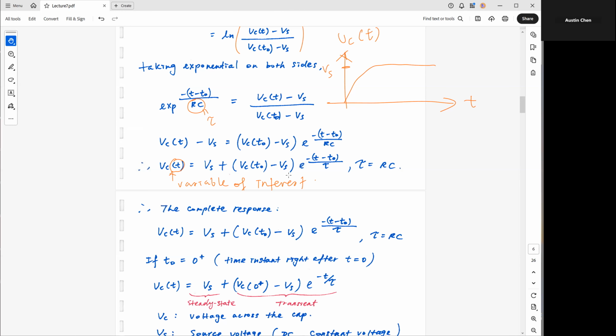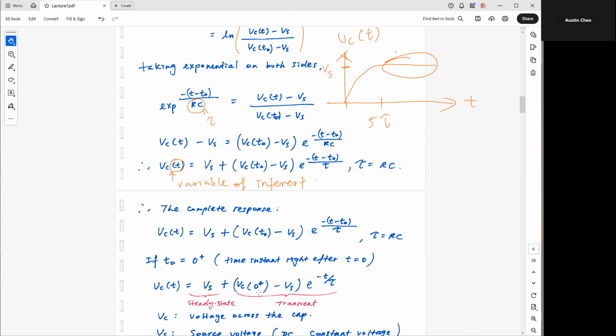But we know that we don't have an infinite amount of time to wait for this to happen. So we go by this time constant. If we're willing to wait for, let's say, 5 tau, roughly, then we are very, very close to the final value. Therefore, this term here, Vs, is the steady state value.